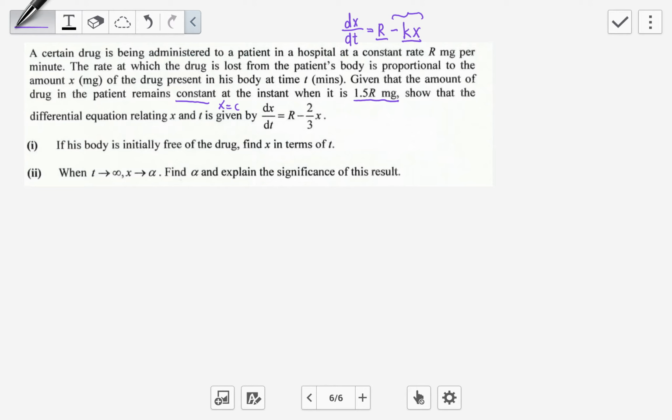It doesn't change, because it's a constant, so dx/dt would be equal to 0.